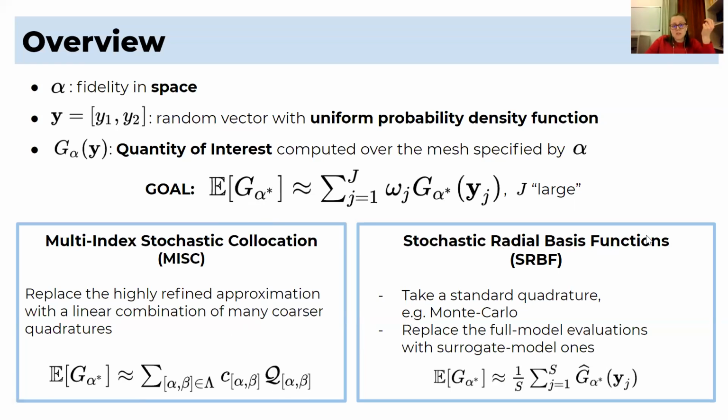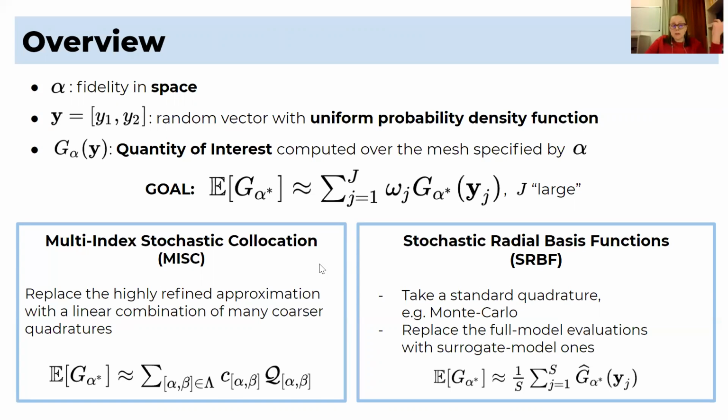Whereas stochastic radial basis function would use standard quadrature, for example Monte Carlo quadrature on this formula here. But instead of evaluating the full model, so evaluating the full G on the grid alpha star, they would replace the full model with surrogate models, and then sample, evaluate these surrogate models.